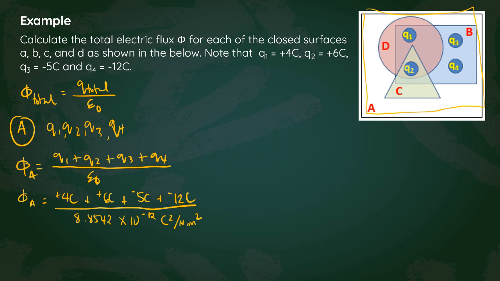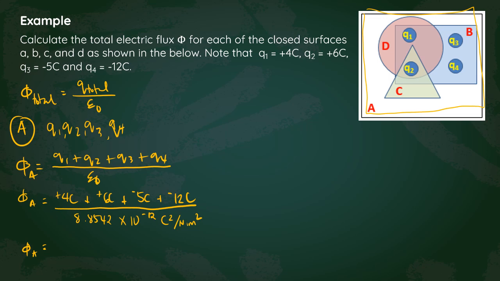So positive 4 plus positive 6 plus negative 5 plus negative 12 is negative 7, divided by the permittivity of free space, approximately 8.8542 times 10 raised to negative 12.